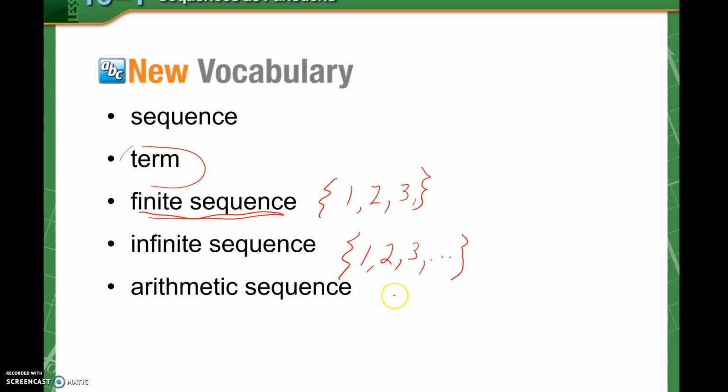Arithmetic is when they have a common number that we add or subtract. So it's adding and subtracting the same number every time. That's considered an arithmetic sequence. It has a common difference, which is the number that it's going up by.